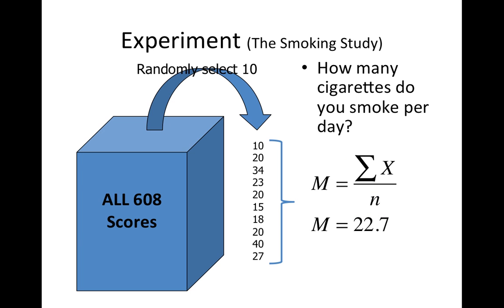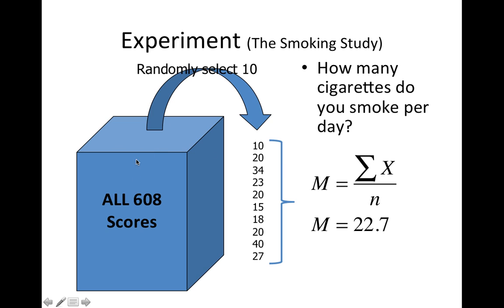Okay. Now to construct a sampling distribution from this group of scores, we have all 608 scores. And let's say we want to construct a sampling distribution around an n of 10. What that means is we randomly select 10 scores and we calculate some statistic. Let's calculate the mean. We sum up the scores, we divide by n. We get a mean of 22.7.